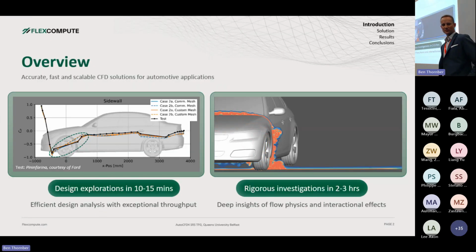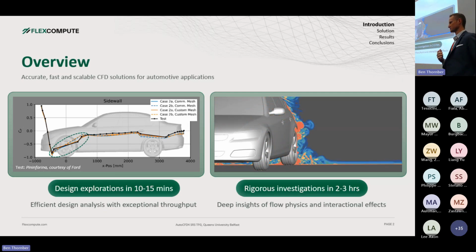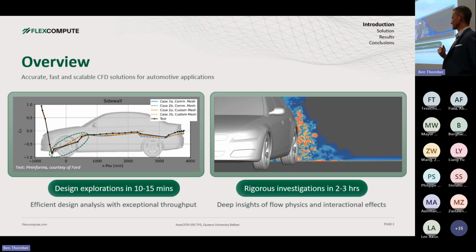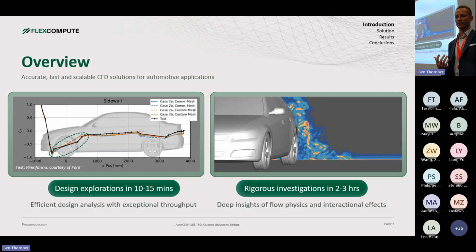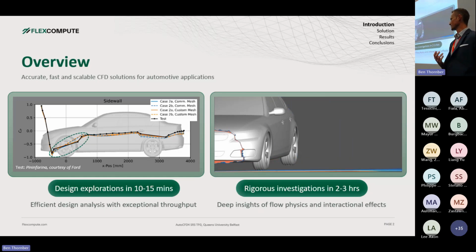So, a high-level overview. One thing about Flexcompute, we're similarly looking towards next generation. How can we make CFD accessible for industry practices? One thing that we like to emphasize is a lot of flexibility in our methodologies and processes and compute resources that are available to end users.